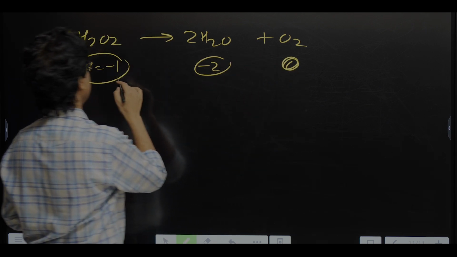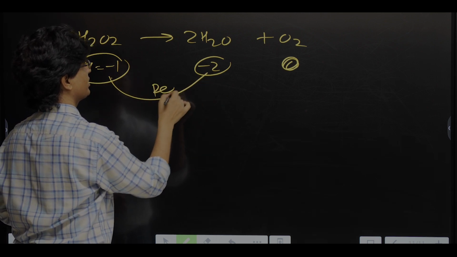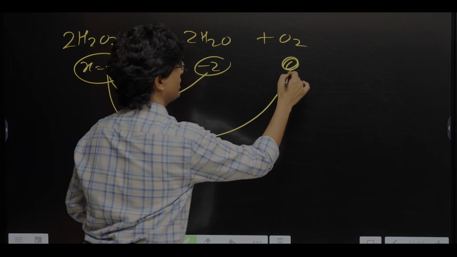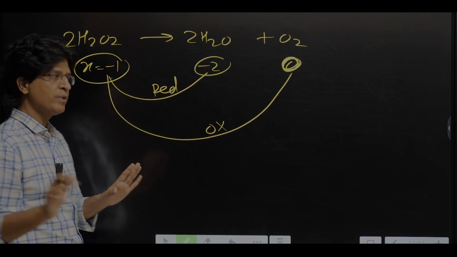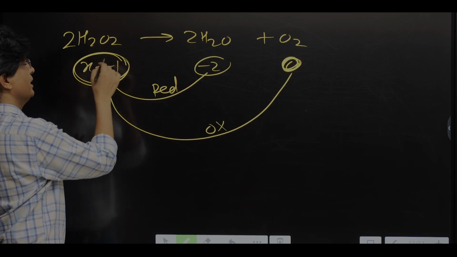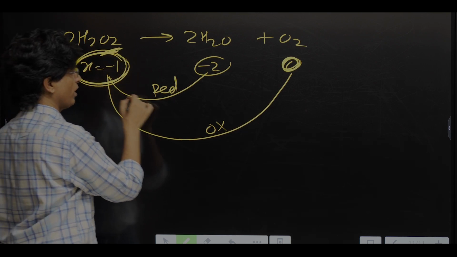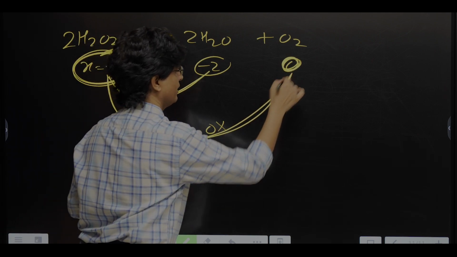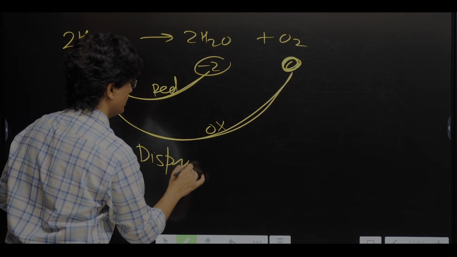Whenever an element goes from minus 1 to minus 2, this is called reduction, and from minus 1 to 0, it will be called oxidation. If in a compound the same element goes for reduction as well as oxidation, this kind of reaction is called a disproportionation reaction.